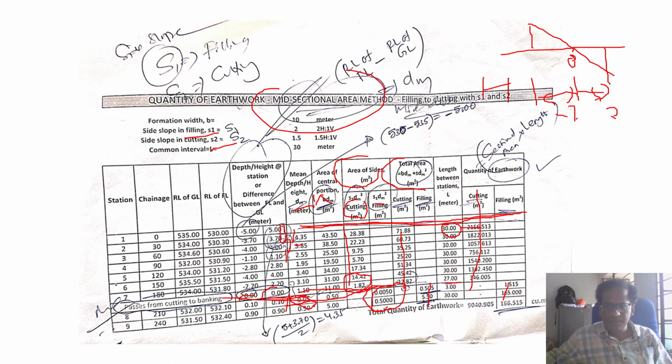This we can get from similar triangles or from drawing the longitudinal section to scale. See carefully, here it is not 30 because 0 is there. It is passing from cutting to filling, so 27 is in the cutting portion and 3 in the filling portion. This is the way we calculate quantities. Now we can see the total quantity of earthwork in cutting and in filling.